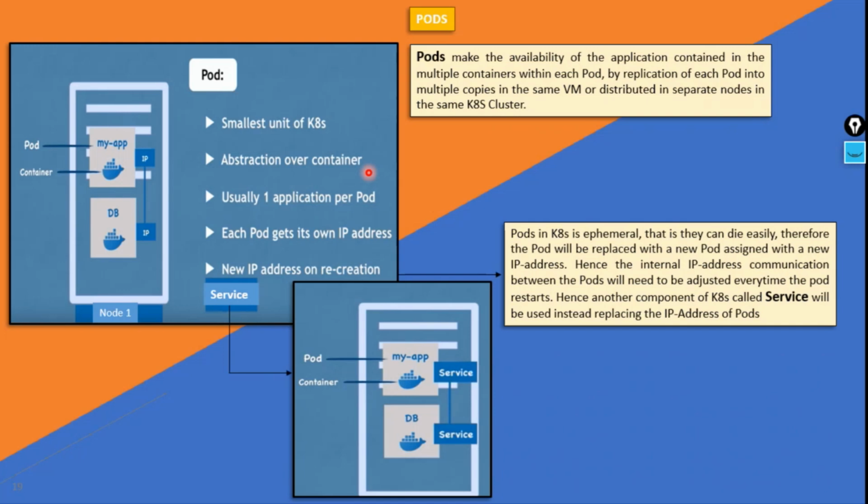And generally the thumb rule is that you always have one microservice or one container inside one pod. Theoretically, you can have multiple containers within one pod, but that is not a good design. Your architect will never go into that design.